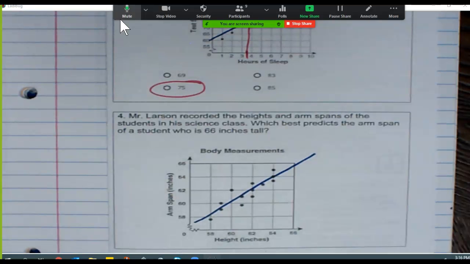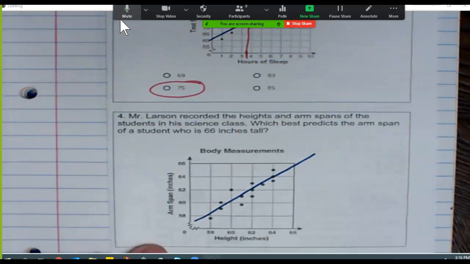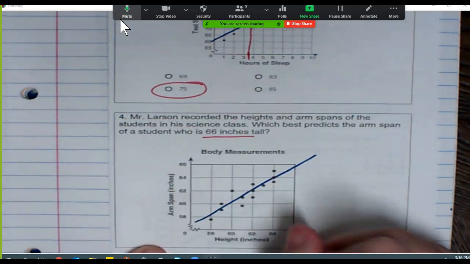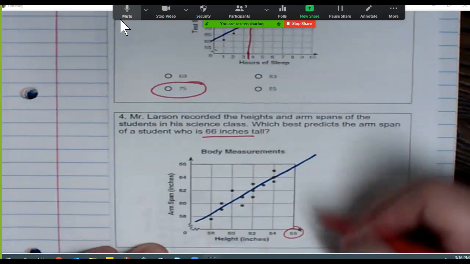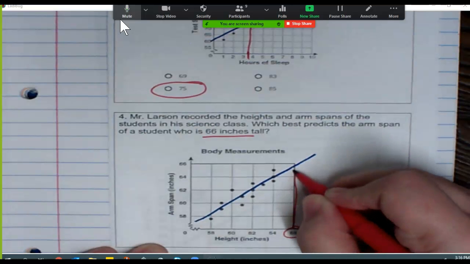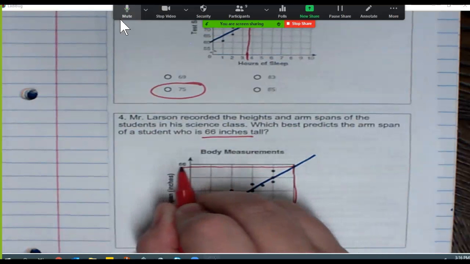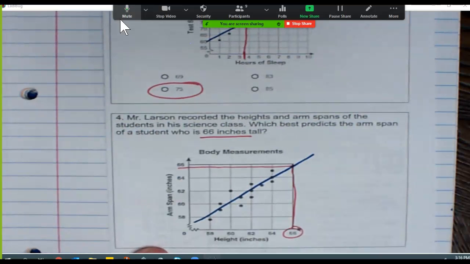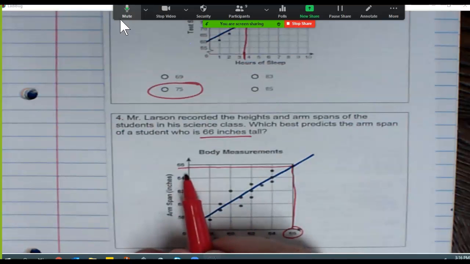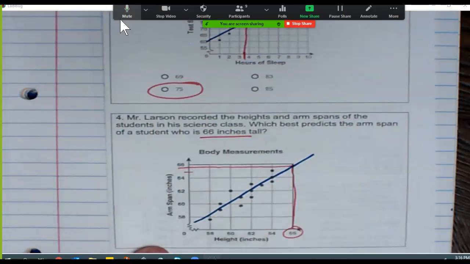All right, so what's the magic number? We're looking for how tall? 66 inches. So 66 right here. Follow it up. In my line, it correlates kind of like right here. It's really close. It's definitely not 65, because 65 would be right in the middle, wouldn't it?